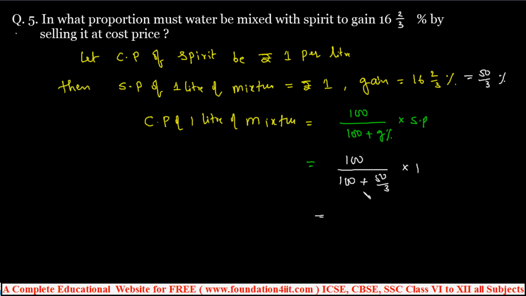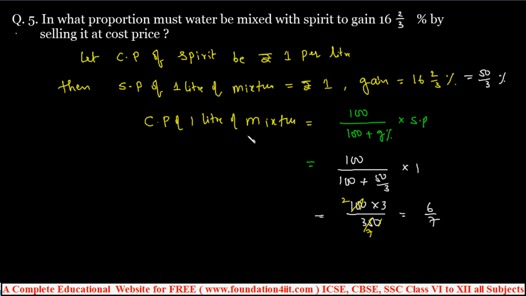So 100 by 100 plus 50 by 3, so 100 by, this is 350 by 3. So 3 you can take up 350. Cancel this, 6 by 7. Right, this is the value now, because 0 0 cancel, 5 2s are 10, 5 7s are 35, 2 into 3, 6 by 7. So 6 by 7 is the mean price now.